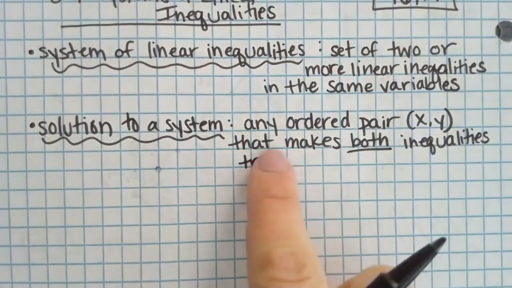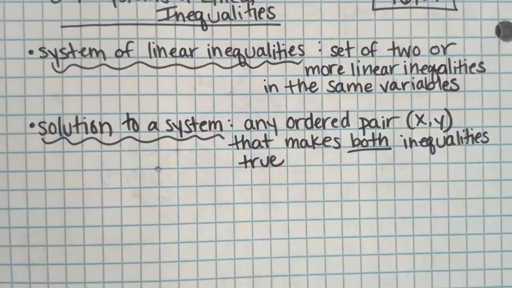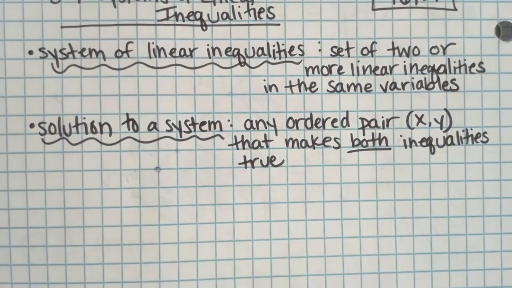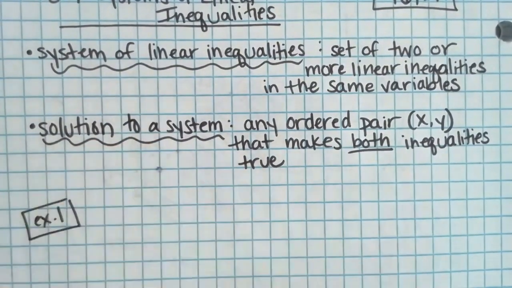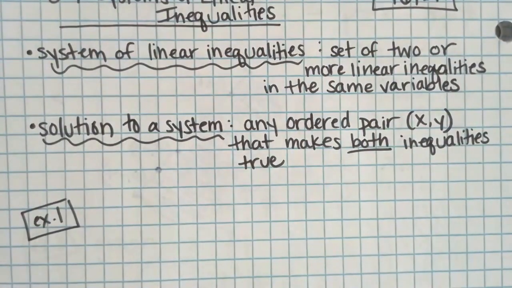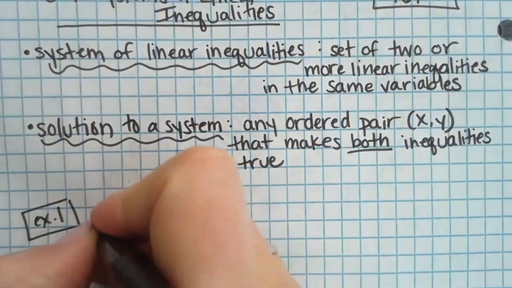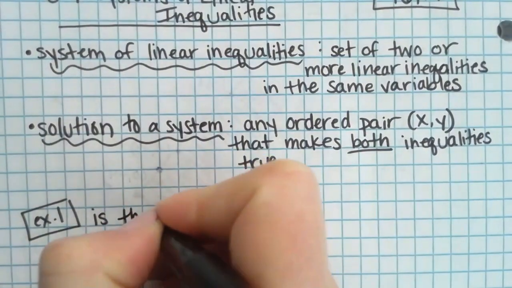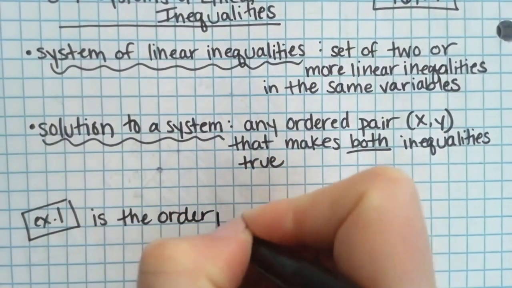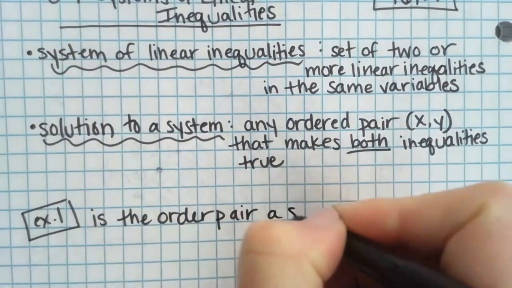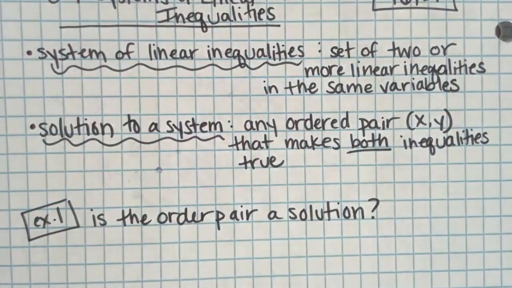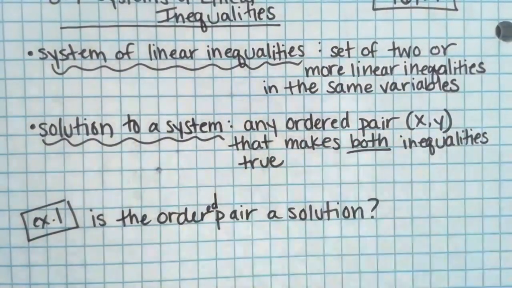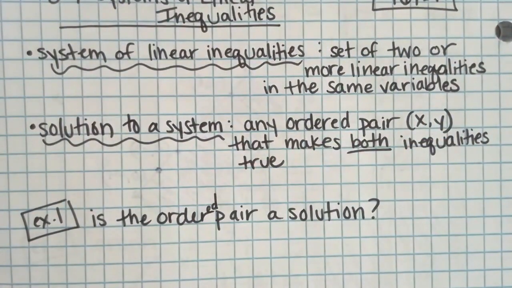So let's look at this first. We're just going to look at plugging in some ordered pairs, seeing if they're solutions or not, by plugging them into the inequalities. So this is example 1. It's going to ask us, is the ordered pair a solution?